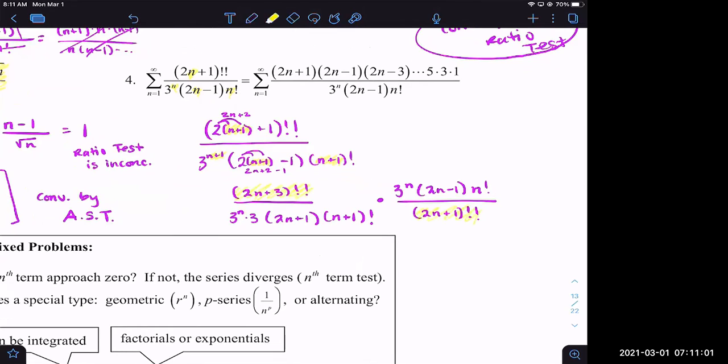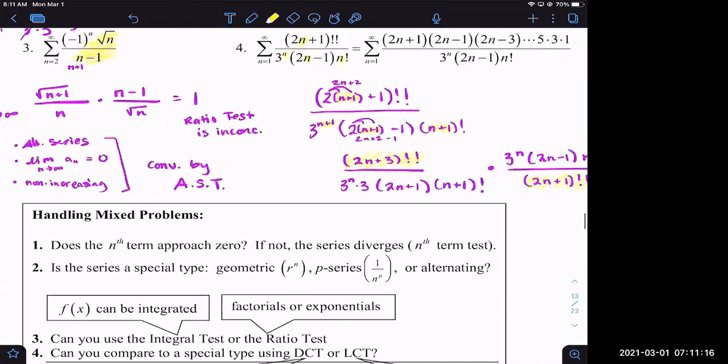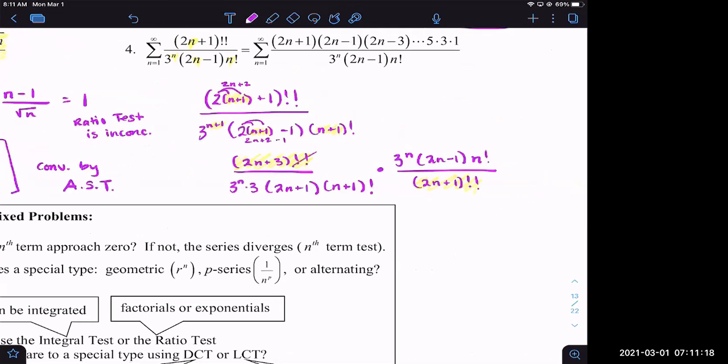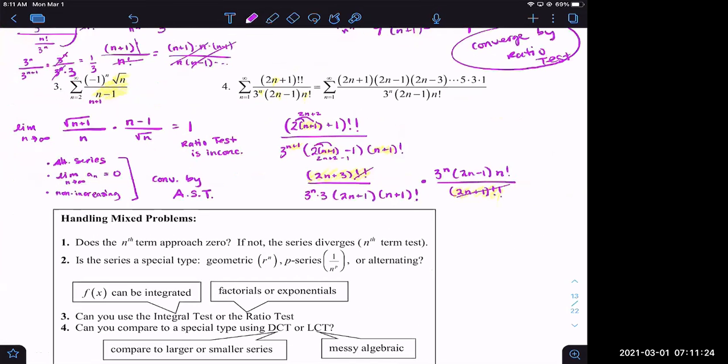Those 2 are going to reduce to give us 2n plus 3, and then 2n plus 1. So all of those are going to cancel out. The numerator, this term cancels out with all of that, so the factorial will go away. We'll just be left with the 2n plus 3.